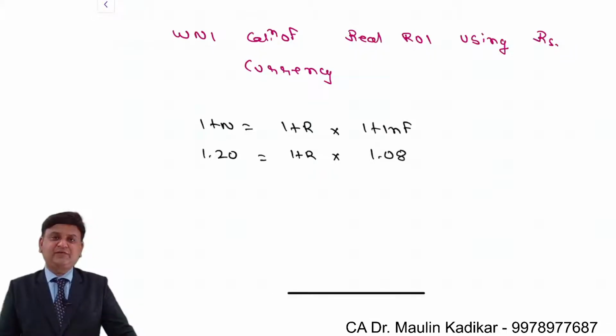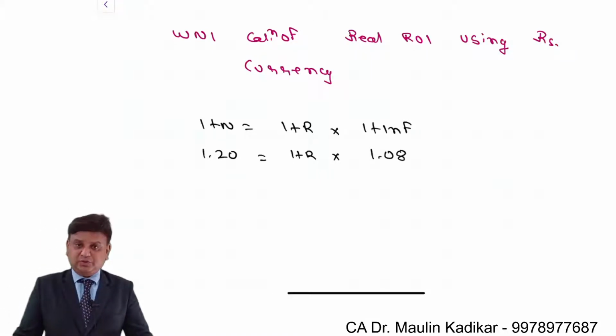Whatever real rate of interest we have calculated using the rupee currency is assumed to be the same for dollar currency as well. So for the dollar currency, you have the nominal rate of interest and you know the real rate of interest, so you can compute the inflation as the balancing figure, and with that we can compute the forward exchange rate using PPPT.